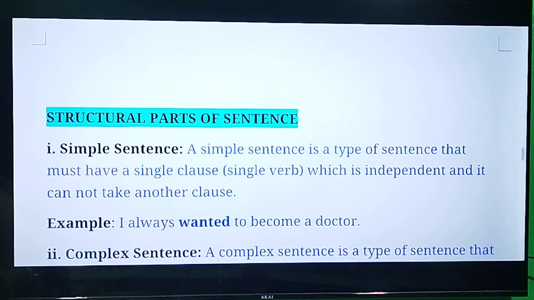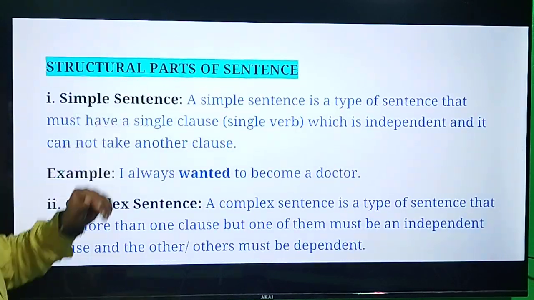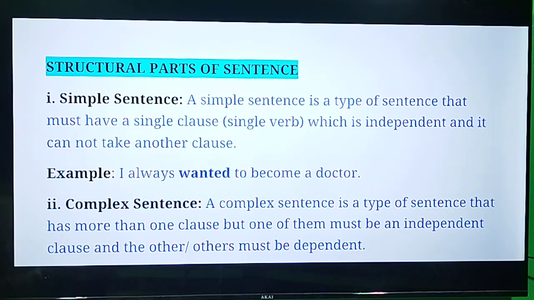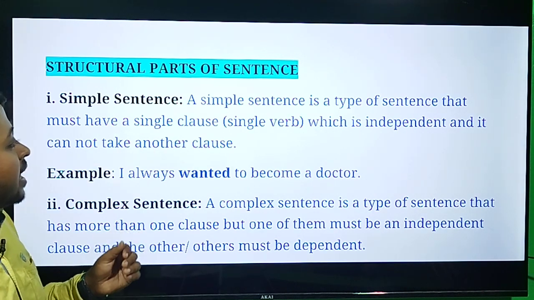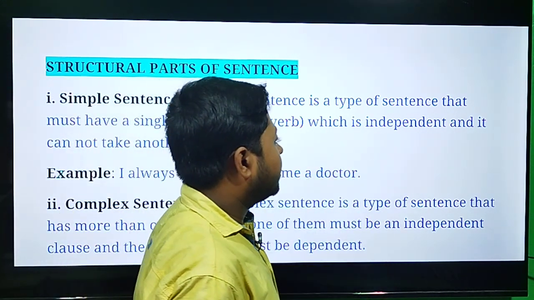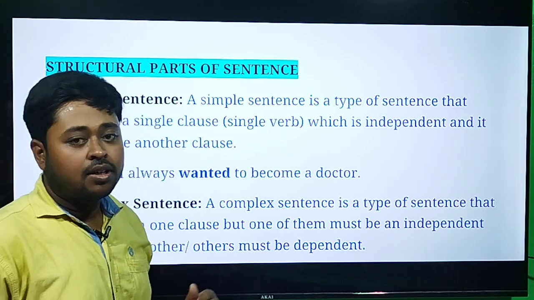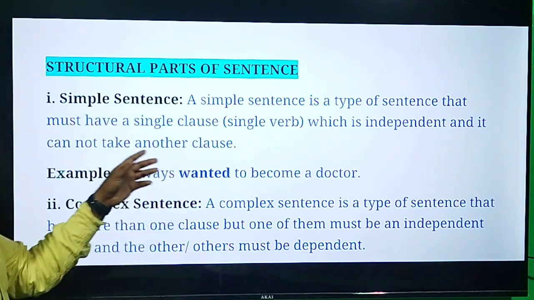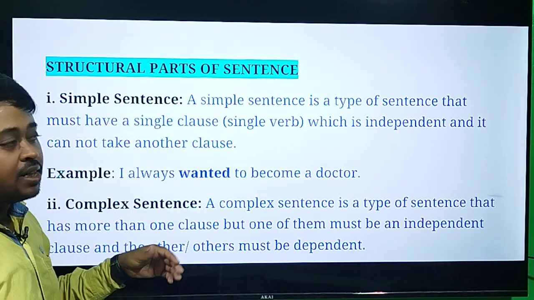Now we are going to discuss the structural parts of a sentence. First of all, the simple sentence. A simple sentence is a type of sentence that must have a single clause. That means a clause is a single verb which is independent, not dependent on others, and it cannot take another clause, that means another verb.